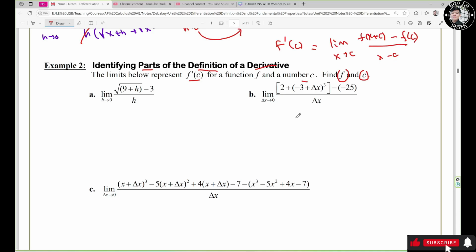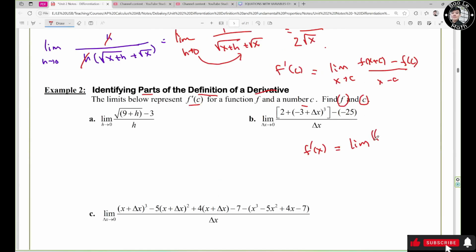The alternate formula is going to be f prime of s equals the limit of f of s plus h minus f of s over h when h approaches 0.